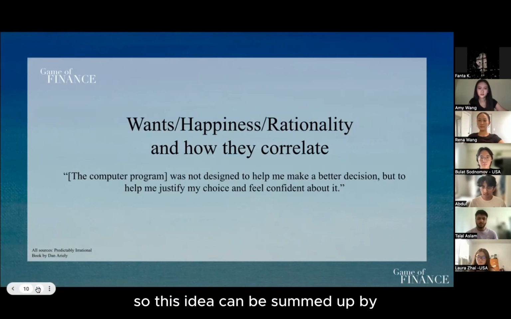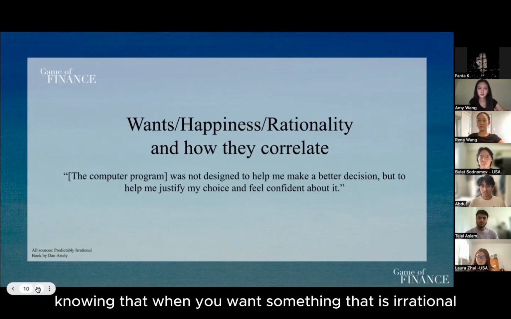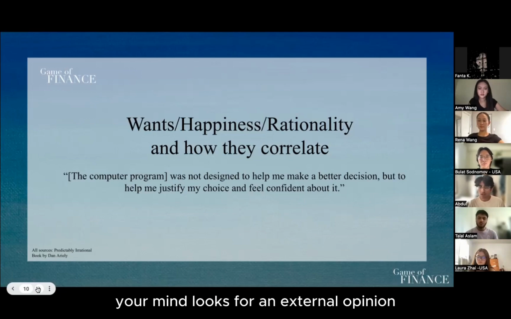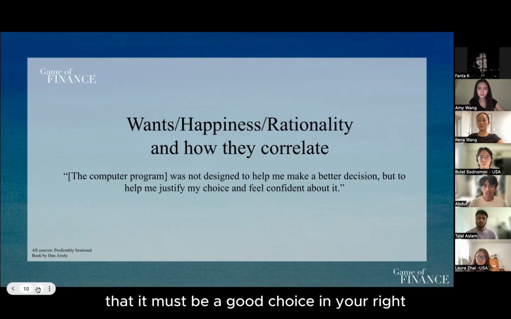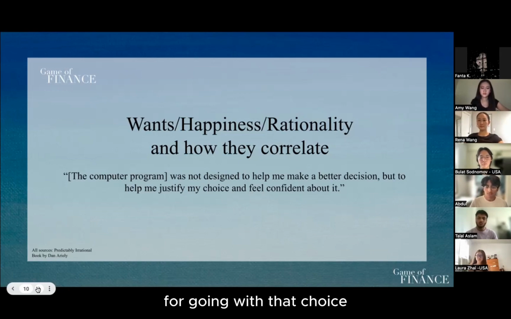This idea can be summed up by knowing that when you want something that is irrational, your mind looks for an external opinion to validate that want, and therefore that opinion makes it rational to you. In other words, if something backs up a choice or an opinion that you have, then it must be a good choice and you are right for going with that choice.